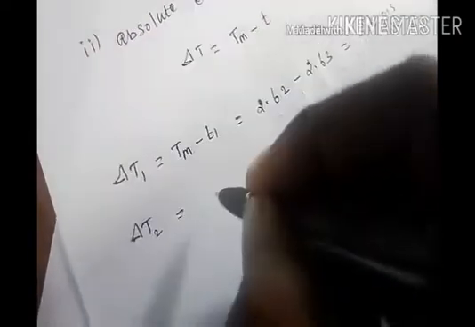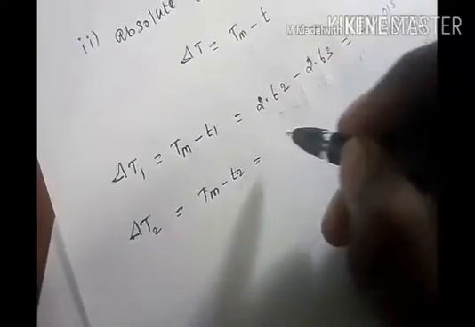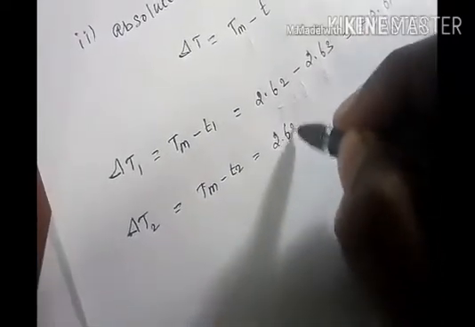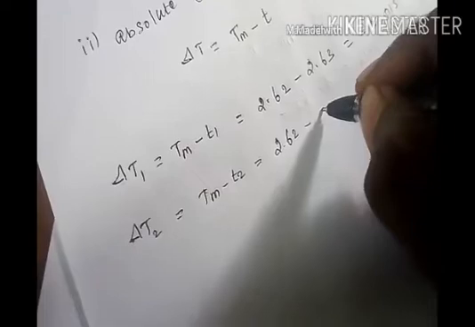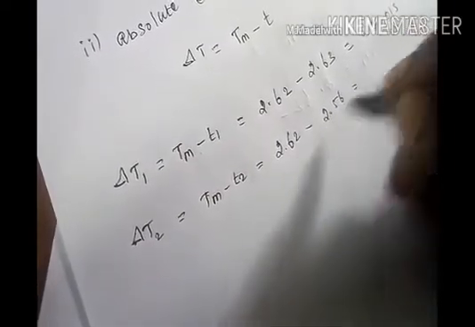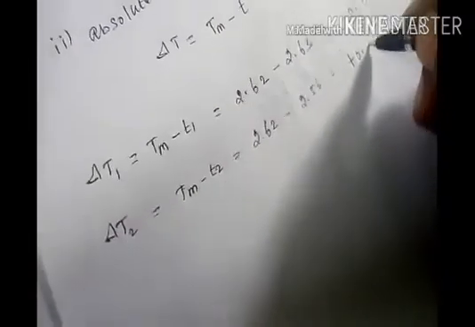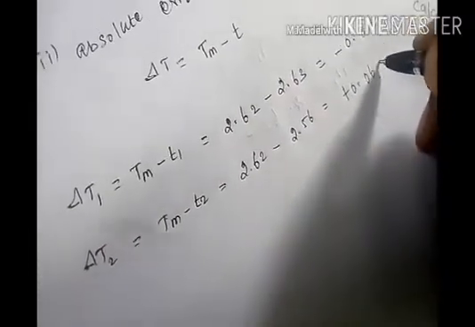Okay, next one is delta t2 equal to Tm minus t2. Here the Tm value is 2.62 minus the t2 value 2.56. The result is plus 0.06 second.